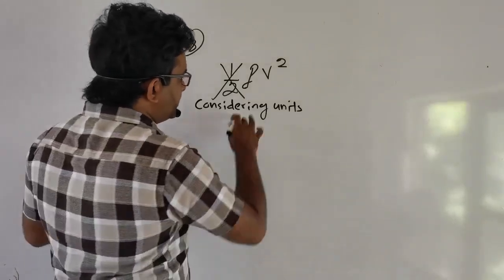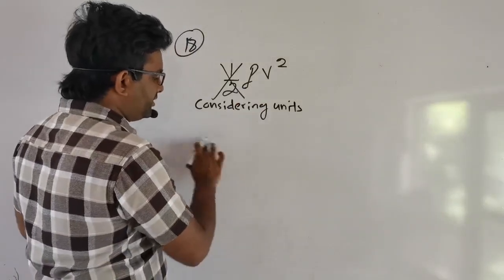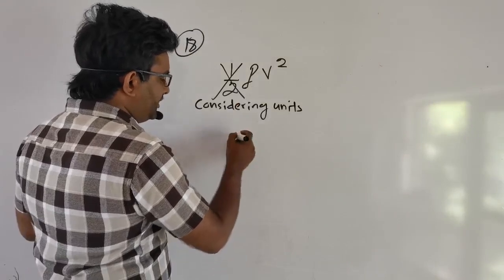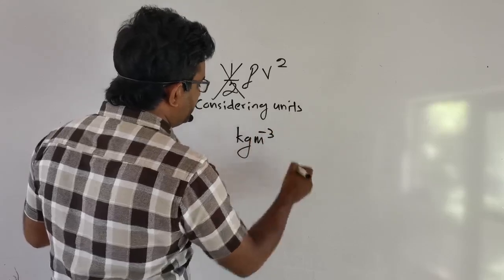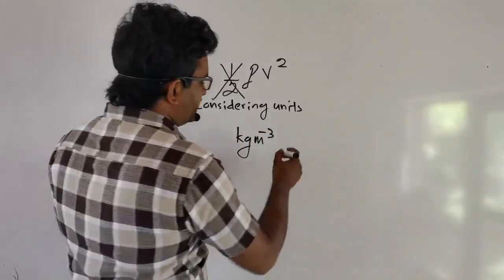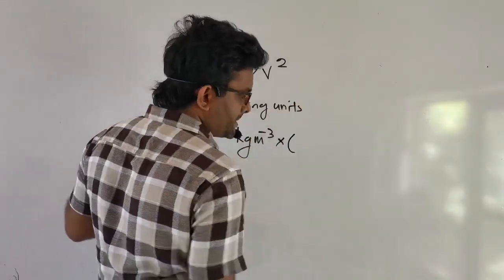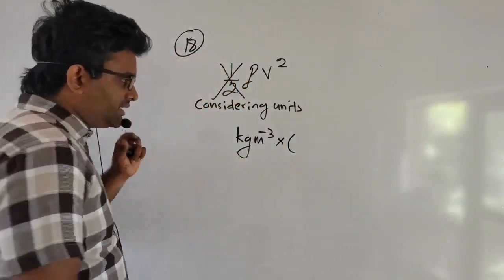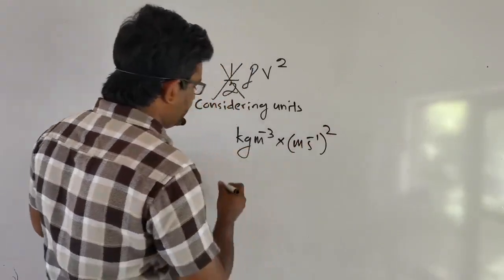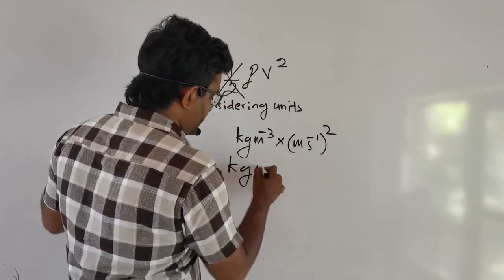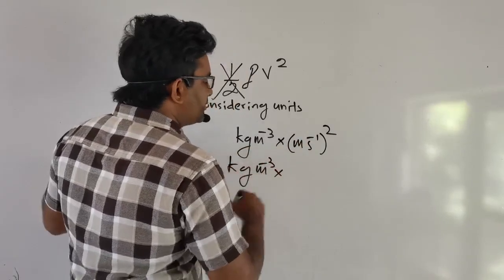Then rho, that is density, we write the derived unit kilograms per cubic meter. Then multiplied by v, that is velocity, ms minus 1 squared. Then kilograms m minus 3.